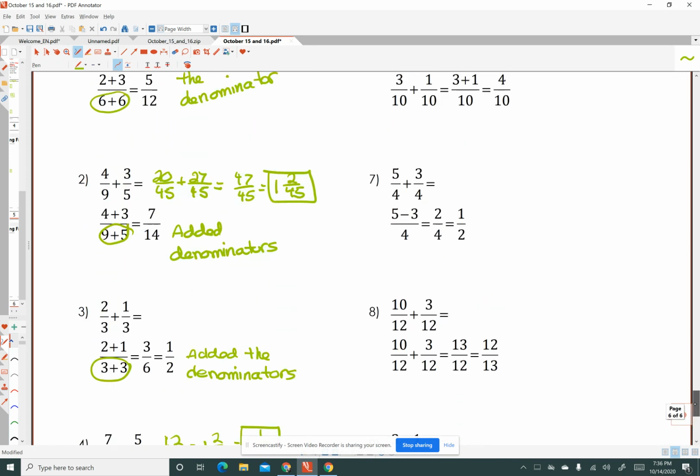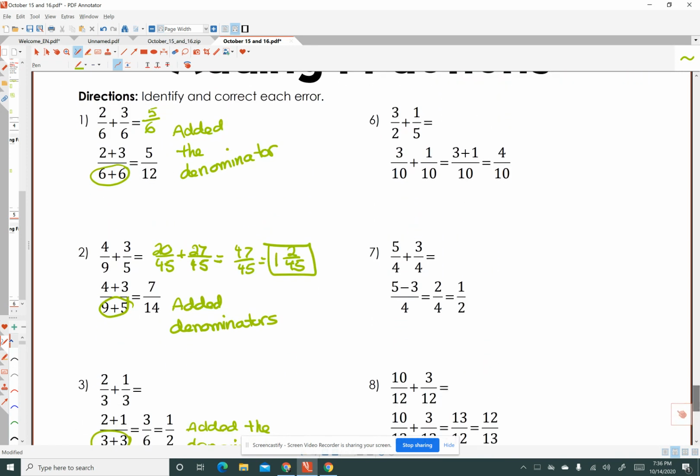Okay, let's do the last few. Let's take a look at number 6. Looks like they found a new denominator of 10, but they did not rewrite the numerators. Okay, so what they need to do, let's erase those marks and let's write this correctly.